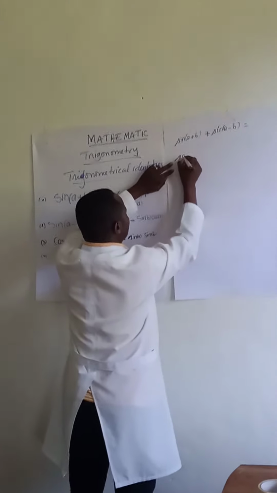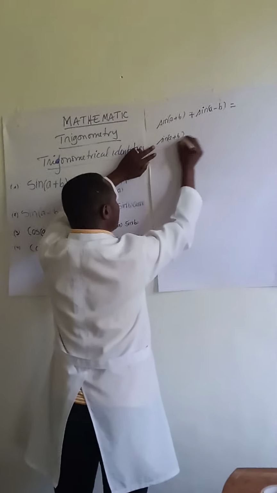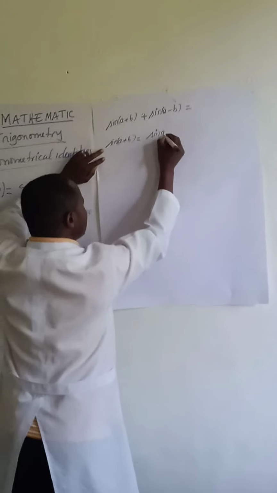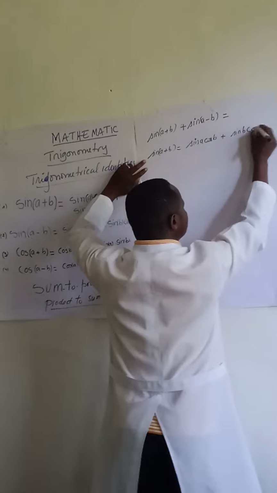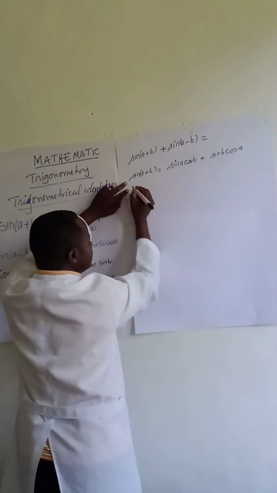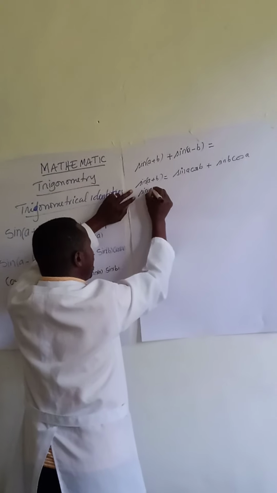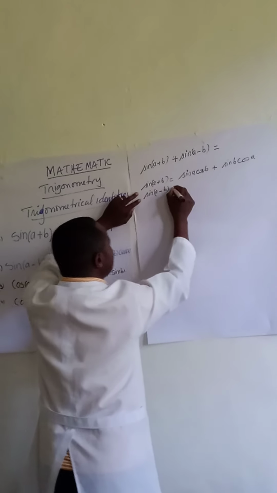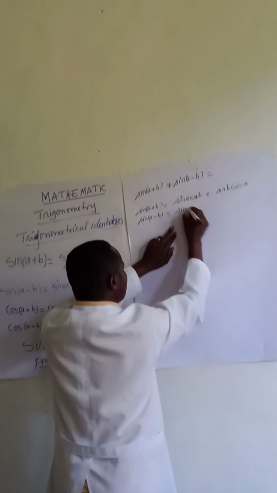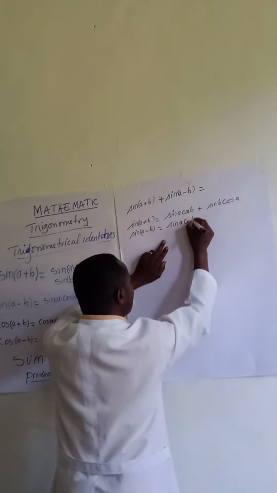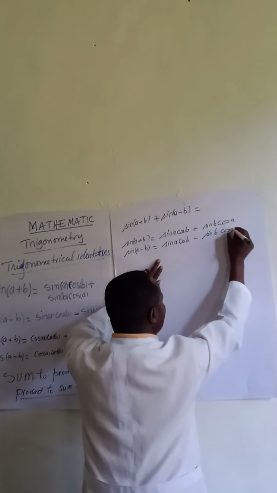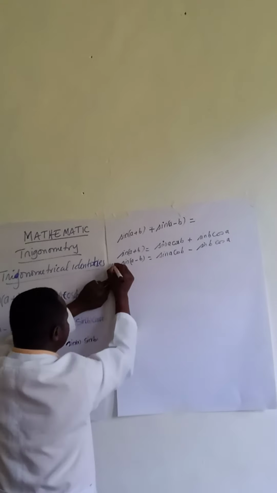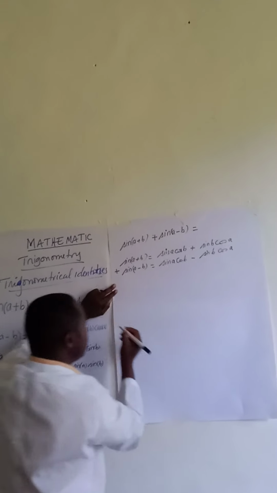Sine of an angle A plus B is sine of angle A cosine of angle B plus sine of angle B times cosine of angle A. We add sine of angle A negative B, which is also equal to sine of angle A cosine of angle B negative sine of angle B cosine of angle A. And let us now add those two identities.